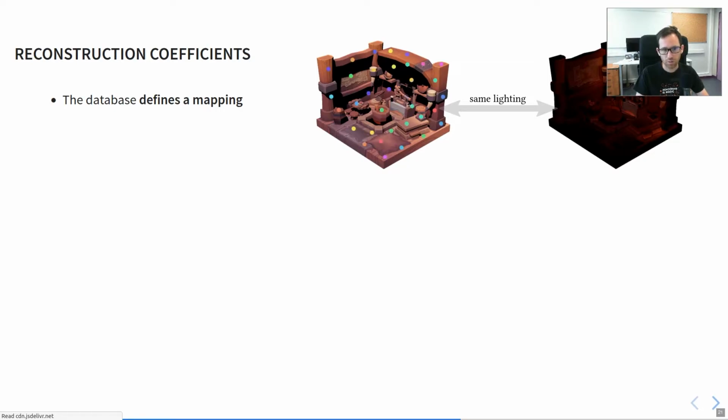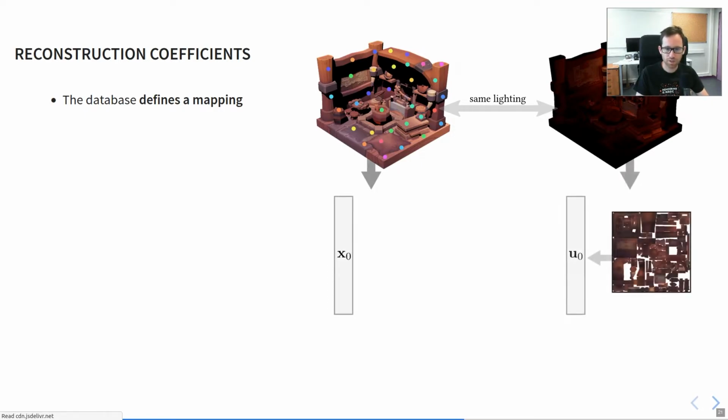Indeed, we use the measurement points to evaluate a vector of direct lighting, and the decomposition of the associated light map of the indirect illumination in the basis produces a vector of coefficients, here u0, to reconstruct the indirect illumination.